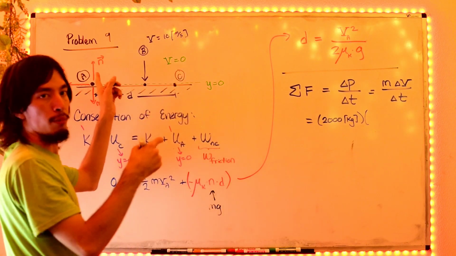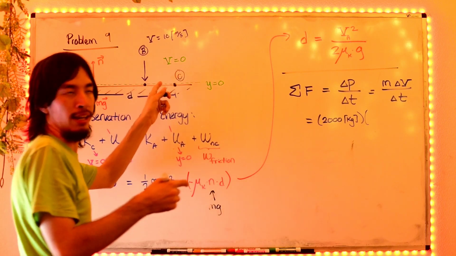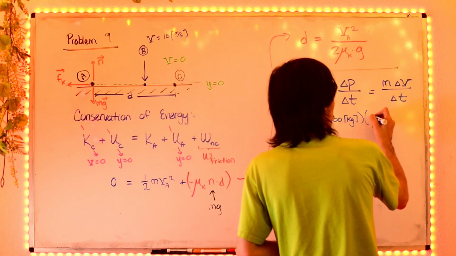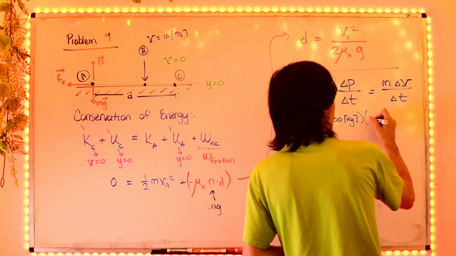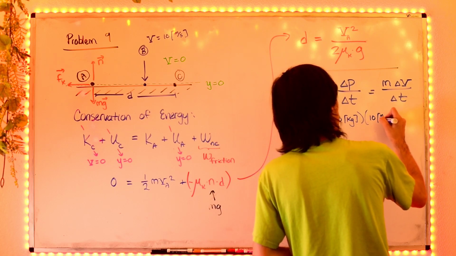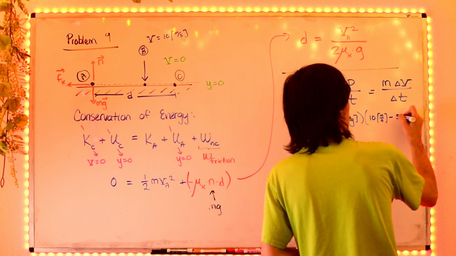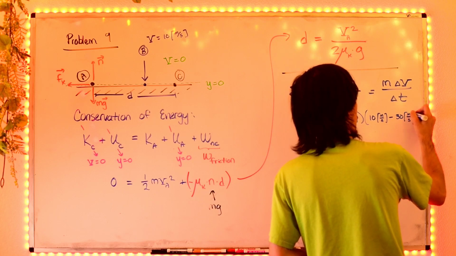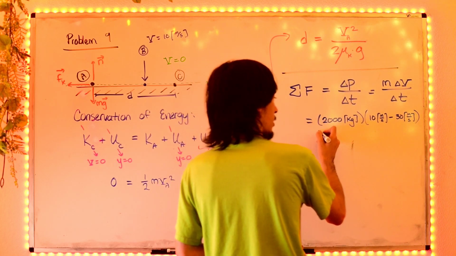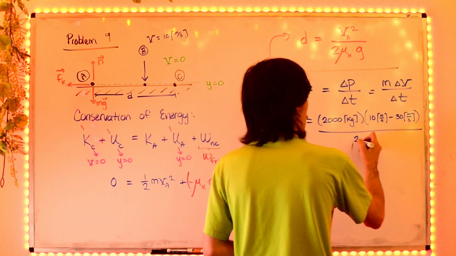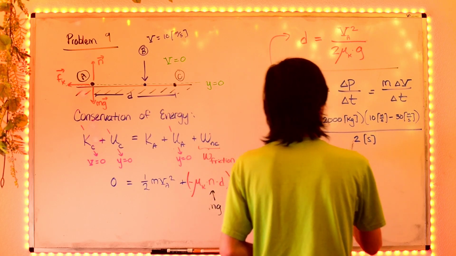So we're going to go from 30 to 10. So that means when we do this, final is 10 meters per second minus the initial, which is 30. So we lost 20 meters per second there, divided by the time interval of 2 seconds.